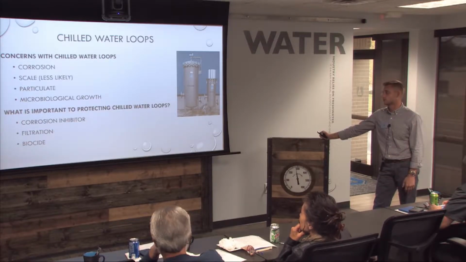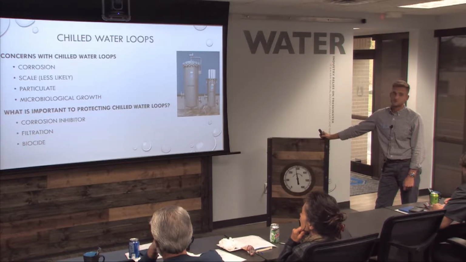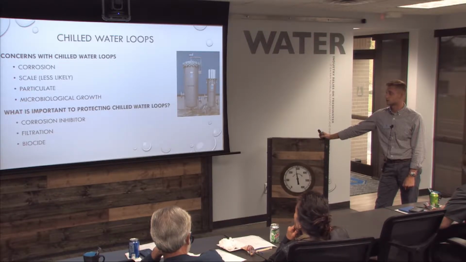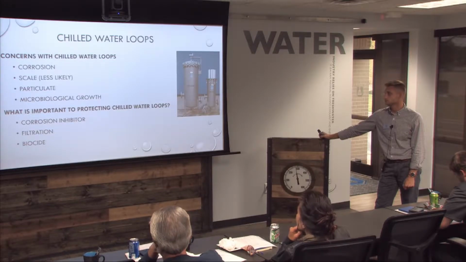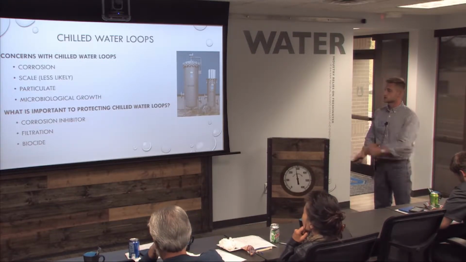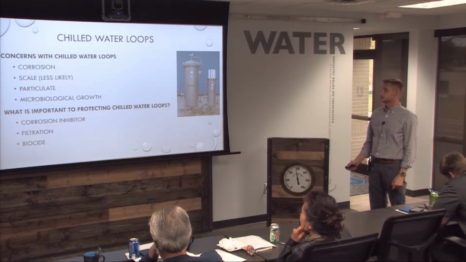Then particulate we talked about too, about side stream filtration, and then a little more difficult to handle is microbiological growth. We don't typically feed a biocide to a closed loop. That's typically reactionary. So again, here are the three main things. Make sure your corrosion inhibitor is in range. Filtration is key.